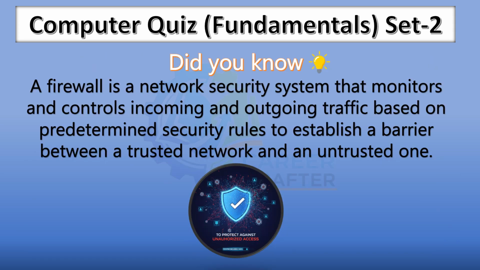A firewall is a network security system that monitors and controls incoming and outgoing traffic based on predetermined security rules to establish a barrier between a trusted network and an untrusted one.